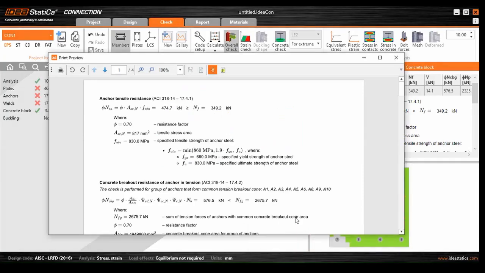So this particular anchor for tensile strength is enough to withstand the tensile force.